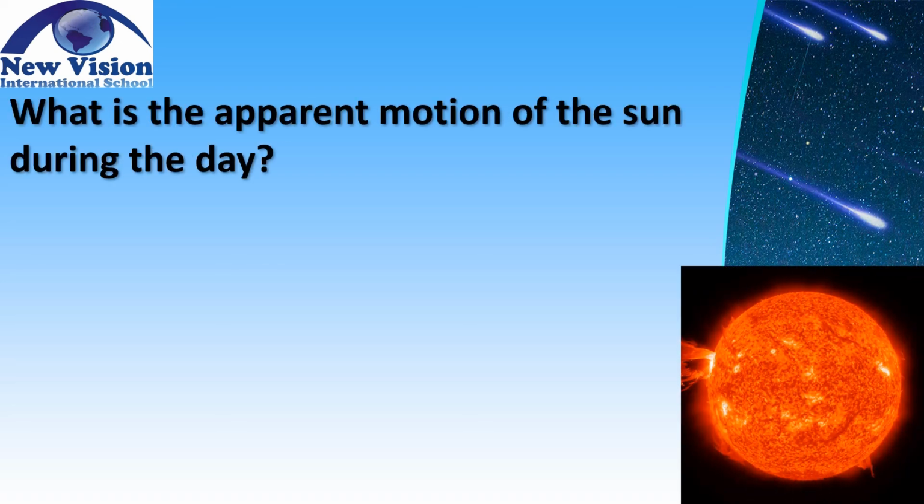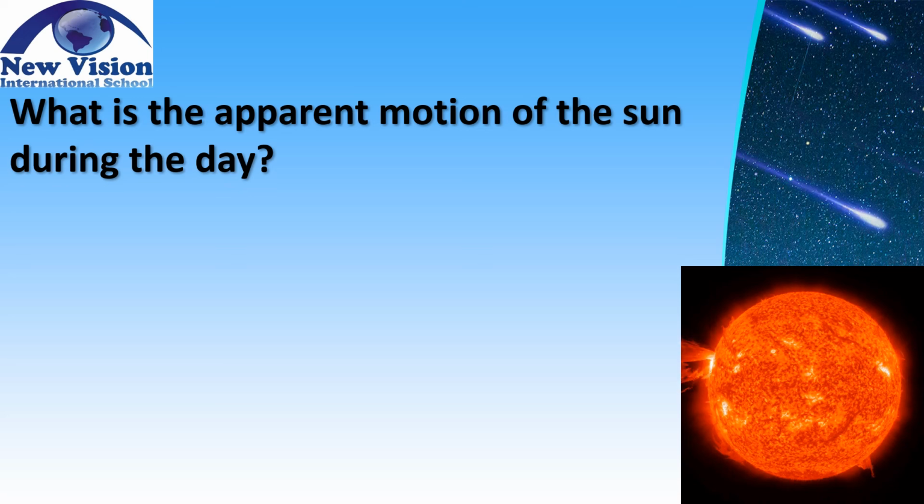Next question. What is the apparent motion of the Sun during the day? Don't forget, apparent motion is the appearance of real motion from a sequence of still images. Apparent motion occurs whenever stimuli separated by time and location are actually perceived as a single stimulus moving from one location to another.